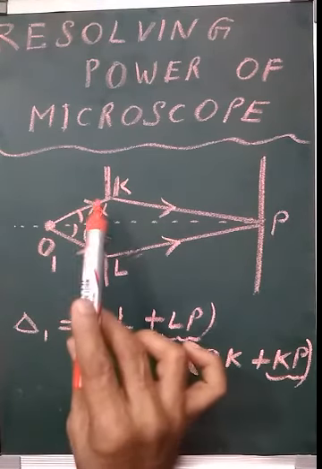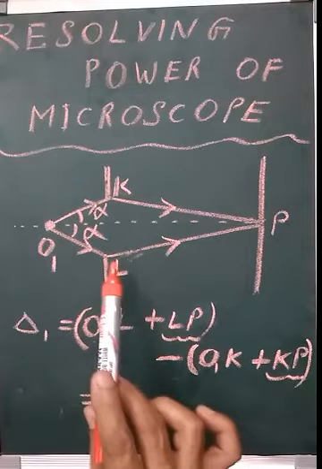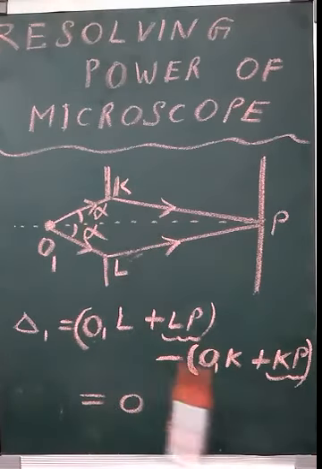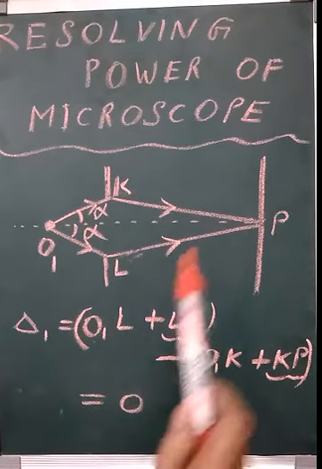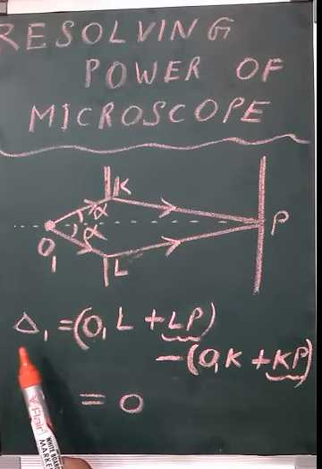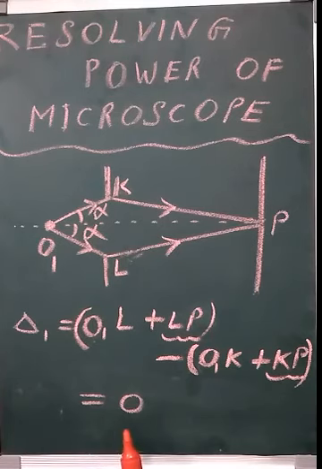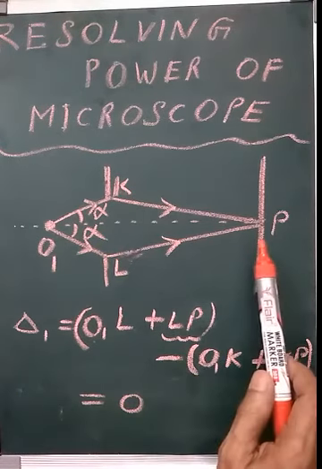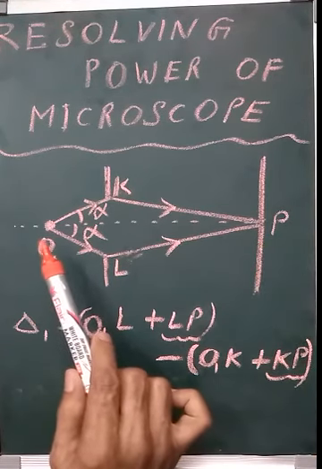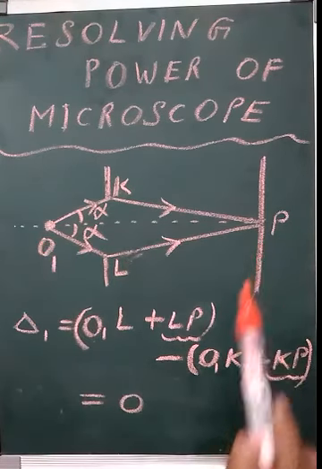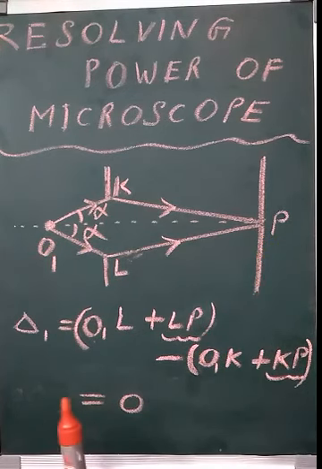Look at this by symmetry of the diagram. LP is equal to KP. So all these terms get cancelled with each other, and in the result we get path difference between two superimposing rays of light, delta 1 is equal to 0. When path difference is 0, it means due to diffraction, the principal central maximum due to light from O1 will be formed at point P. This is how we calculate path difference between two rays of light coming from object O1.